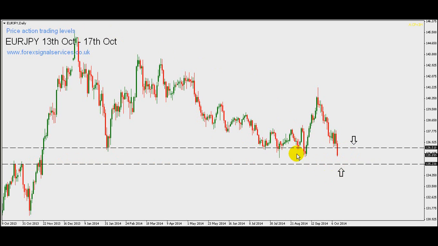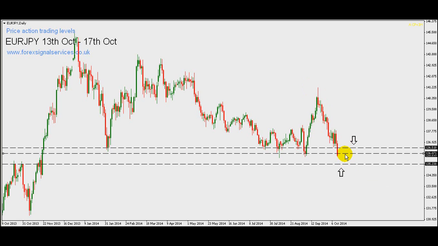You can see here this looks like a supporting level, but if we put a line on here, you can see it's broken this level. So you've got to wait for either a breakdown to here or a retest back up to the 136.51 level to continue this short move here back down to 135.23.